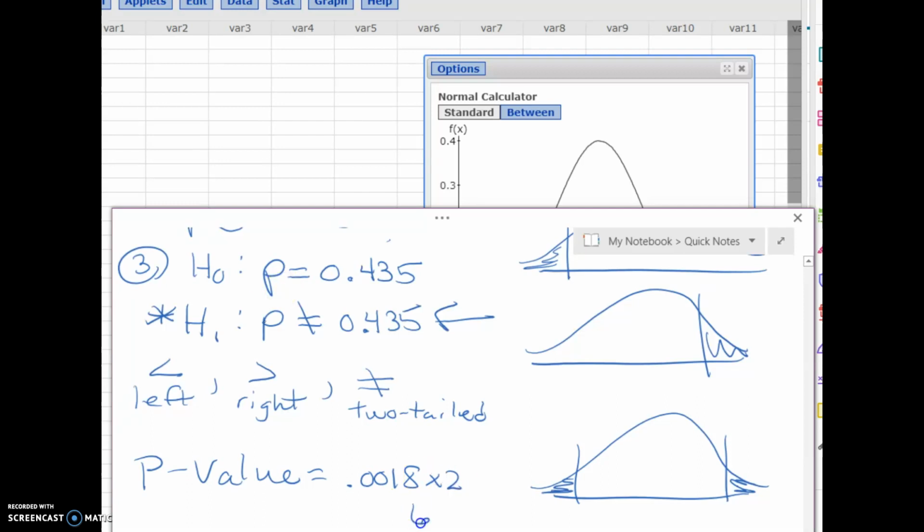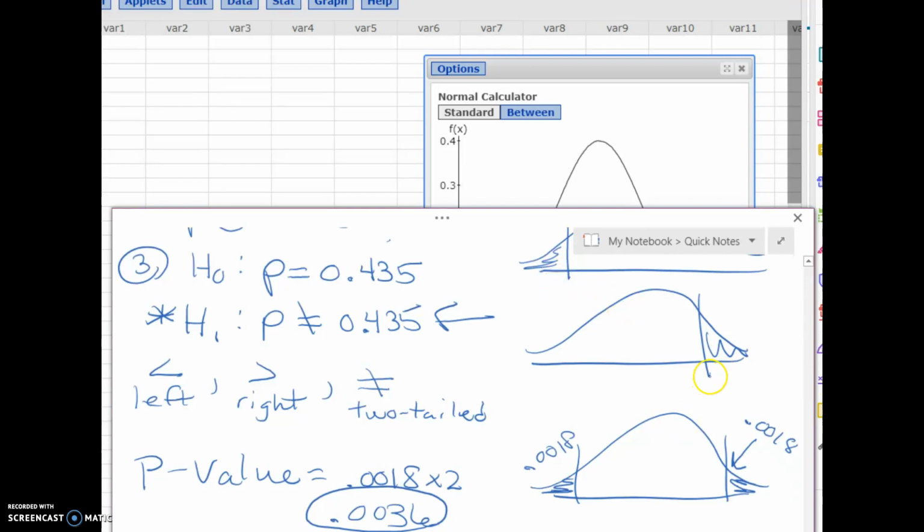Which is going to give me 0.0036. So my p-value is double the one tail. And you only do that when it's two-tailed. If it was left-tailed, you'd put the z-score right here.